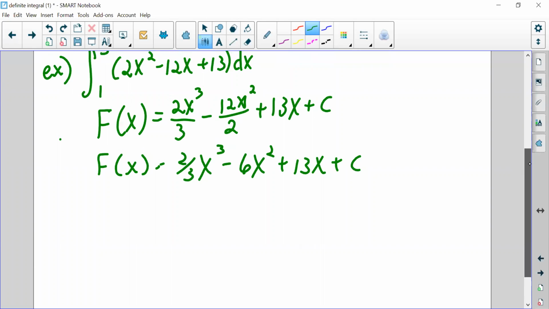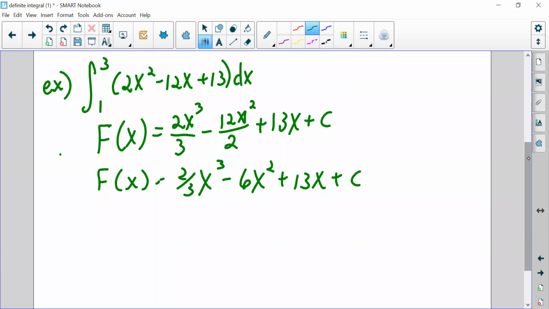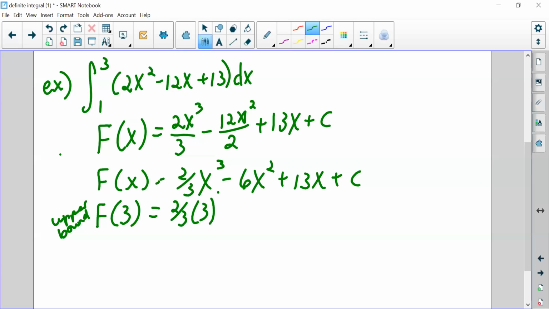And so our upper bound was 3. So I now need to evaluate this antiderivative at our upper bound. That means I'm going to replace every x with 3. All right, so let's try each number. 3 cubed is 27. 27 divided by 3 is 9. 9 times 2 is 18.